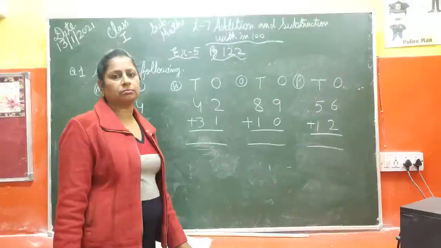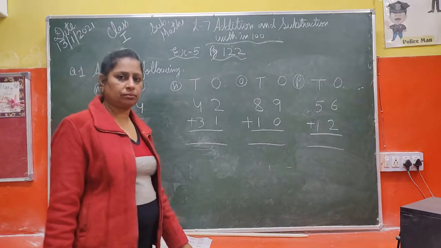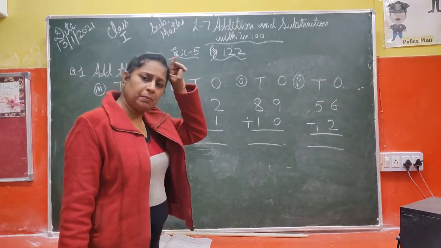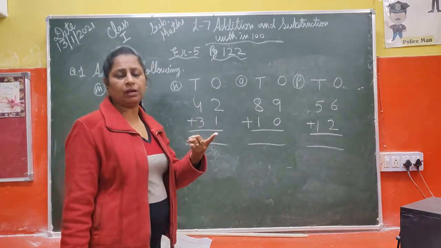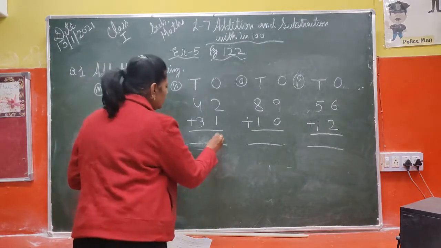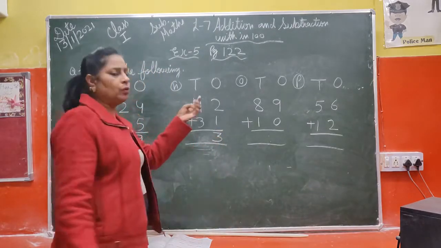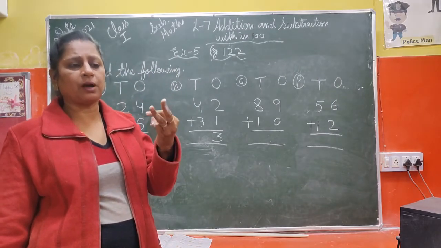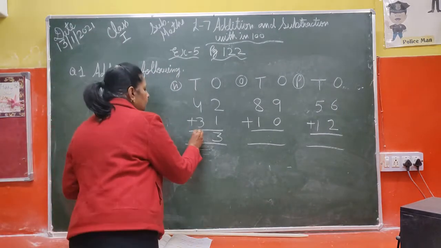Here 2 and 1. So 2 in my mind and 1 in my finger. After 2, 3. 4 in my mind and 3 in my finger. After 4, 5, 6, 7.